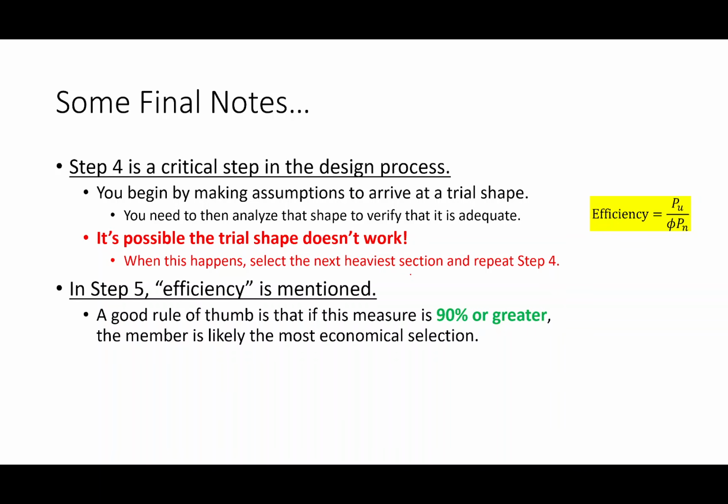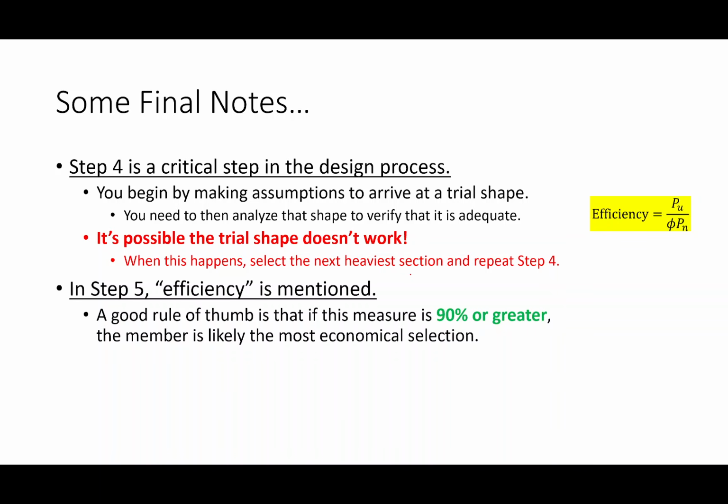So if you do the problem properly and you get 90% or better for a tension member, you're going to get full credit. Now, the other thing I'll tell you is that efficiency does start to mean less when we're talking about columns, beams, and bolted and welded connections. We'll talk about that later.